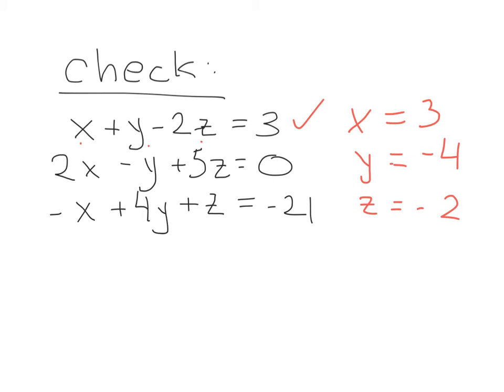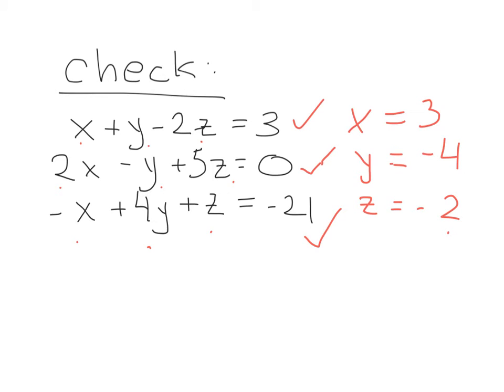If I do 6 plus 4 makes 10, and then minus 10 makes 0. Good, so I'm plugging in my x and my y and my z. Here I have negative 3 minus another 16 makes minus 19. Minus another 2 makes minus 21. So I know my answer is correct.